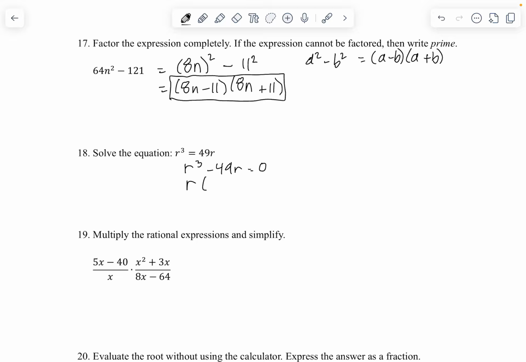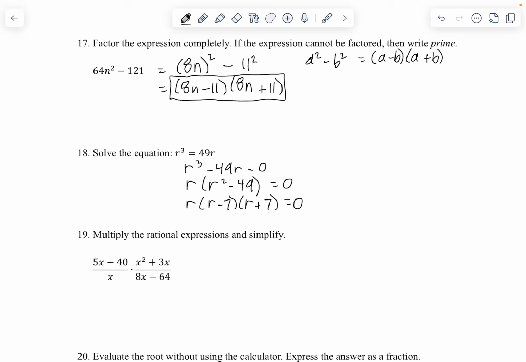So I get r times r squared minus 49, and then this is equal to 0. And then I can recognize that r squared minus 49 is actually the same as r squared minus 7 squared. So we can factor also as a difference of squares, as r minus 7 times r plus 7 equals 0.